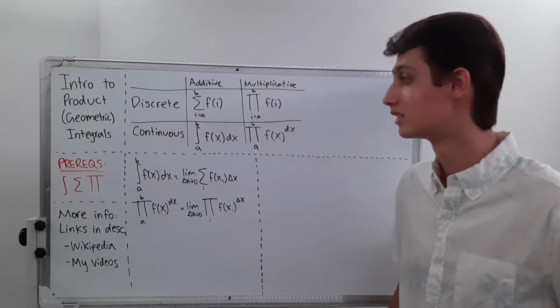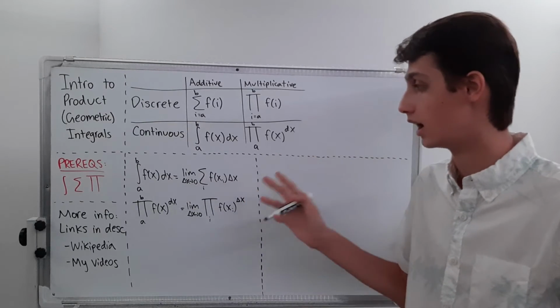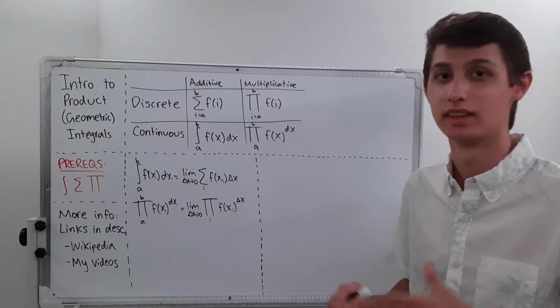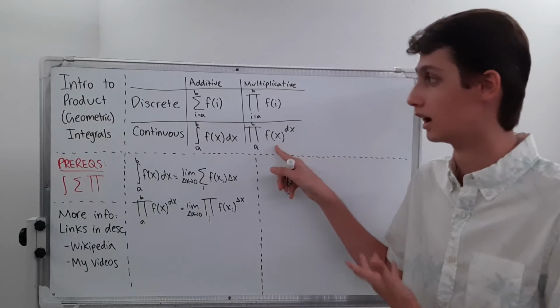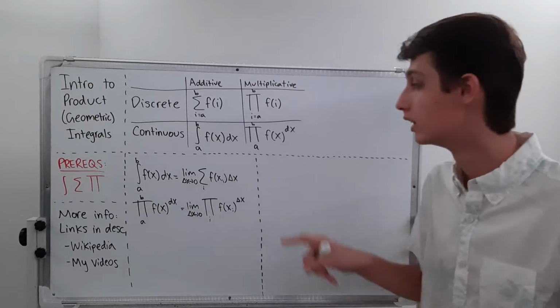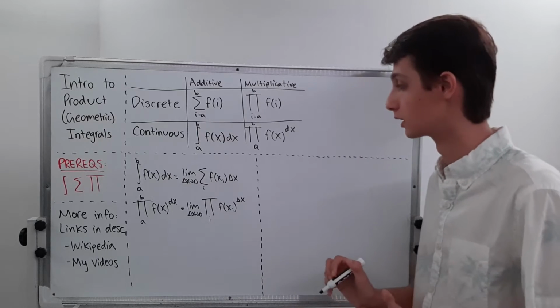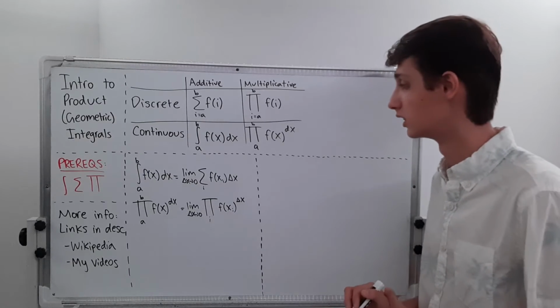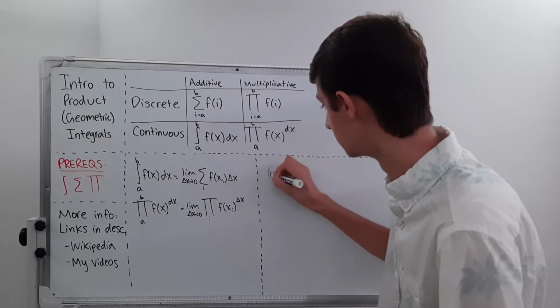So let's use the connection between the sum and the product to figure out how to connect the sum with the product integral. All right. So the connection between the sum and the product you should be familiar with. I've already made a few videos on this. It's not equal to, it's the natural log.